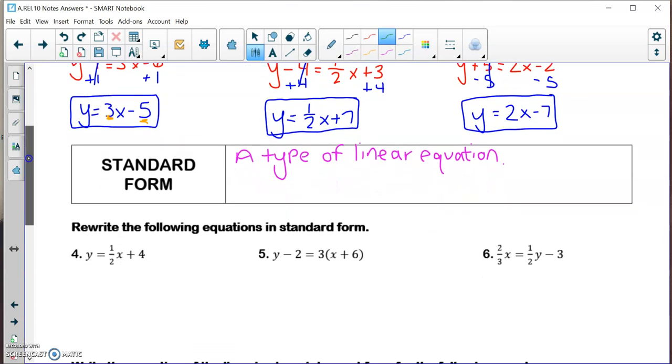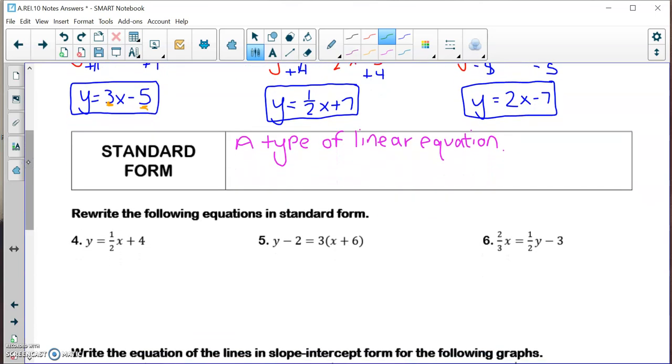Now, in standard form, you will not be able to identify the slope or a point that lies on our line. However, standard form is used for a future concept called systems of equations. And so we're going to learn it in this unit, and then we'll apply it later.